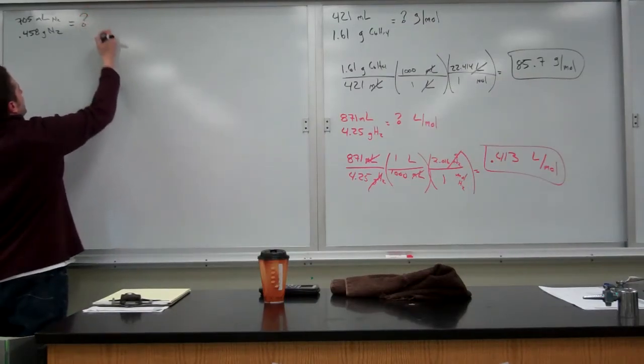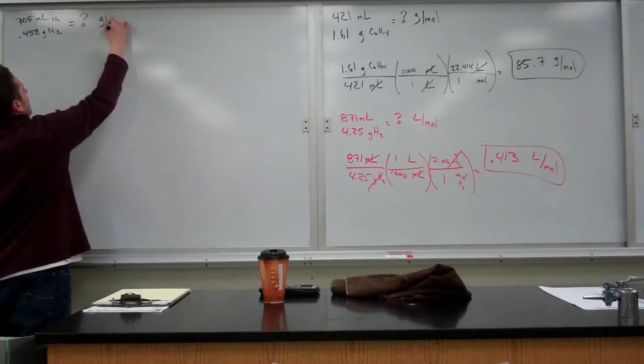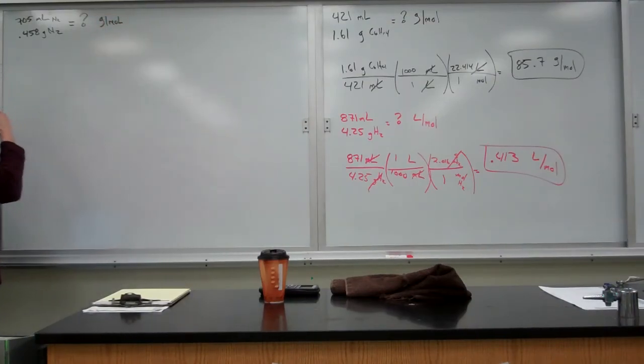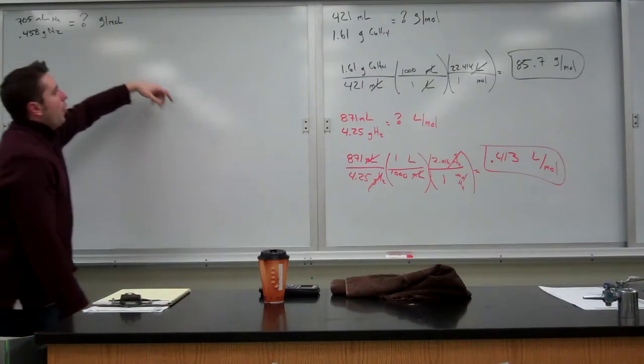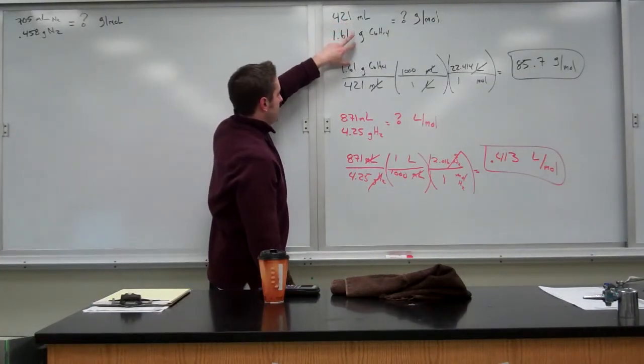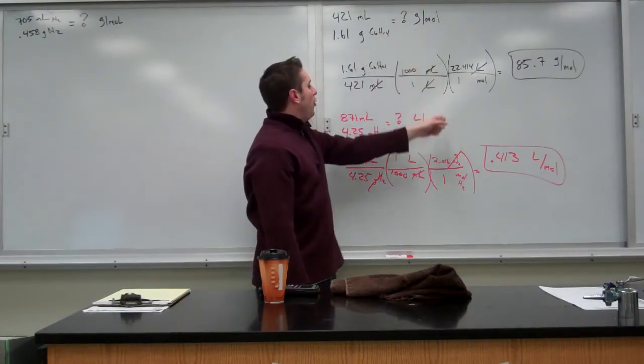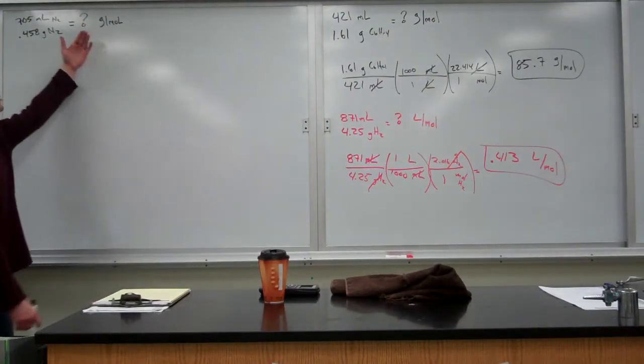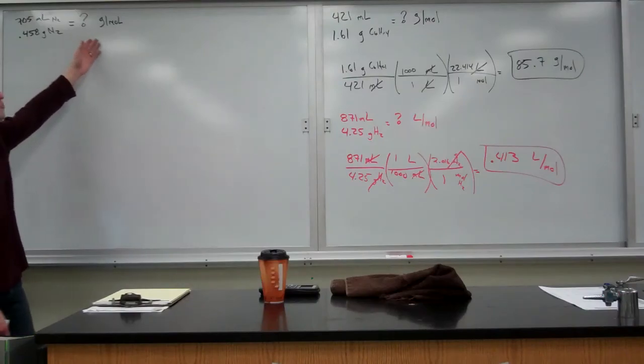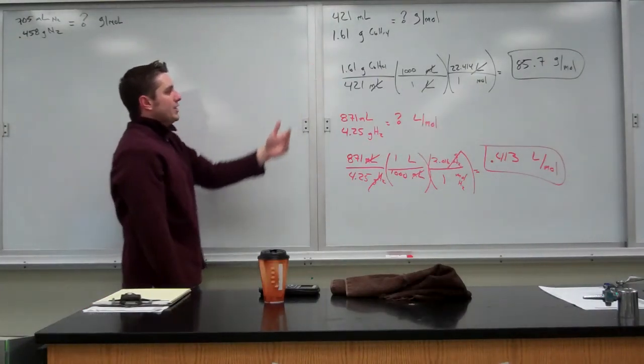The question says, what is the molar mass, meaning grams per mole? So if you look, I have milliliters and grams, and I have grams per mole. Here I have milliliters and grams, and here I have milliliters and grams, but here I have grams per mole, while here I have liters per mole, so I would expect this one to mirror what we did in number 6.